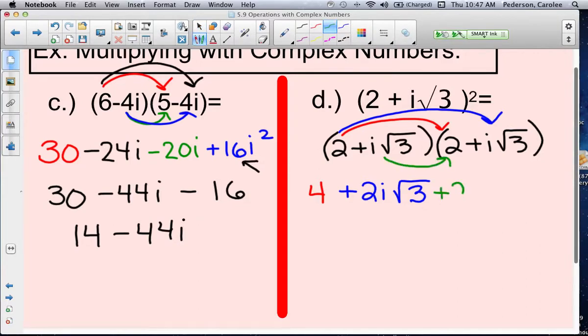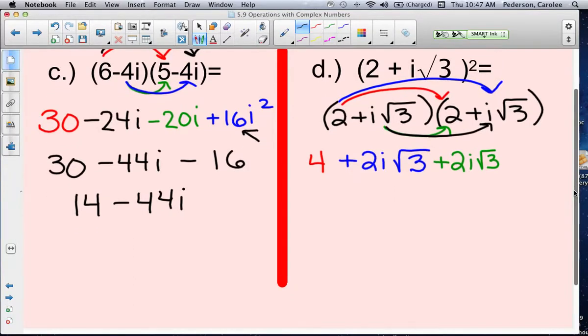We get 2i square root of 3. And then we multiply i square root of 3 times i square root of 3. I'm just going to write those two down as parentheses for right now. So i square root of 3 times i square root of 3.